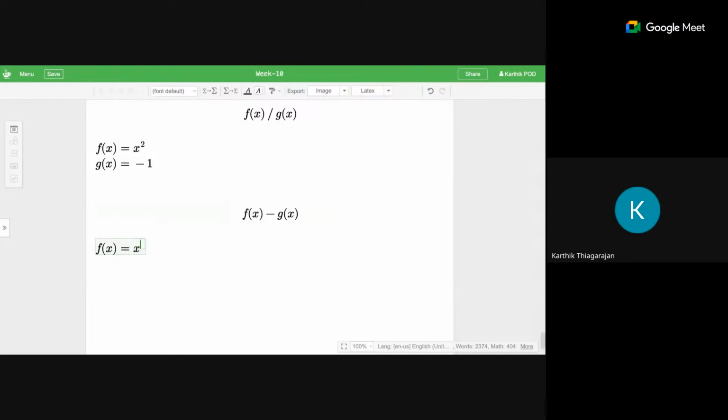So if I start with x square again, what can this be? Minus 2x square. Okay, but then that will be concave, right? That will make g concave. So g should also be convex. If you want the output to be minus 2x square, what should g be?